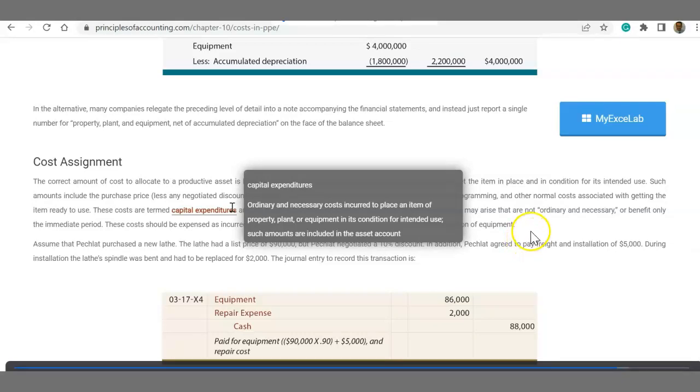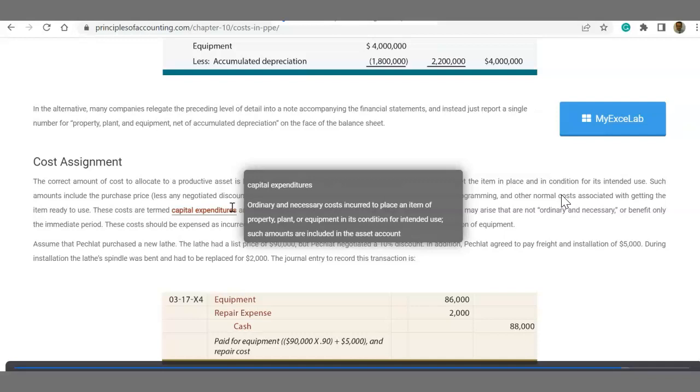Capital expenditure is ordinary and necessary cost incurred to place an item of property, plant, and equipment in its condition for intended use. Such amounts are included in the asset account as a form of PP&E, and you capitalize them and you depreciate them for the next few years of useful life of that property.